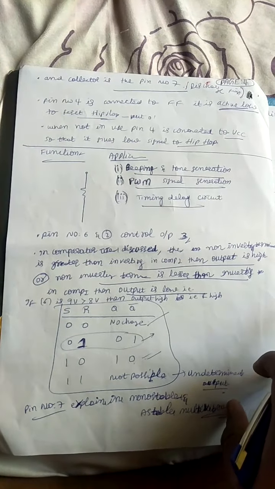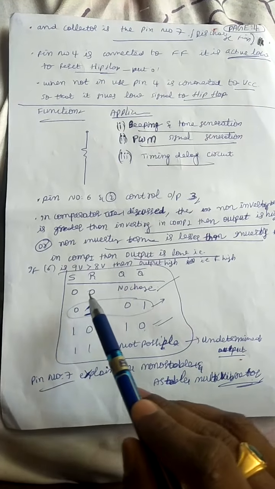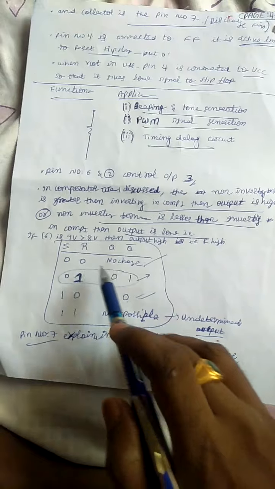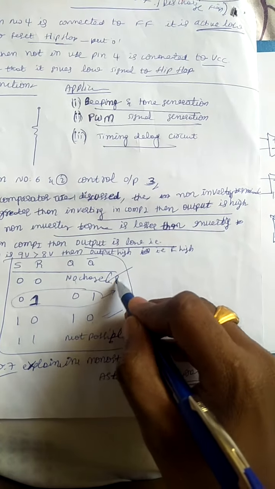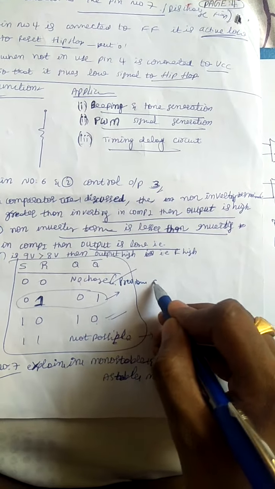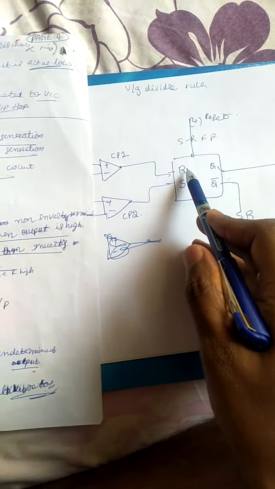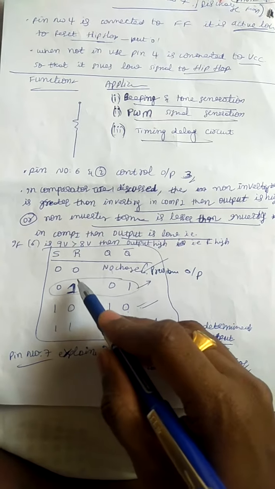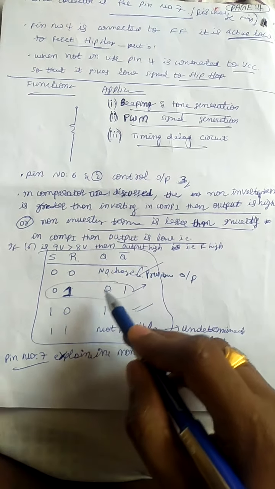So this is the truth table for the SR flip-flop. If both inputs are 0 0, then there is no change; the previous output will be retained. If S is 0 and R is 1, R means reset, so the value will be 0.